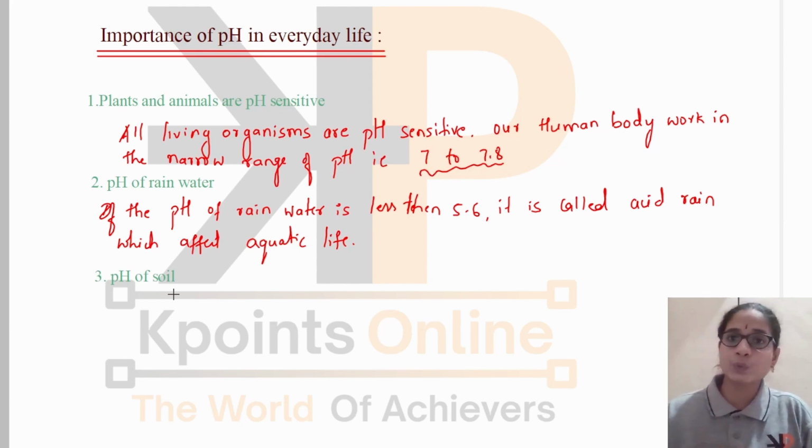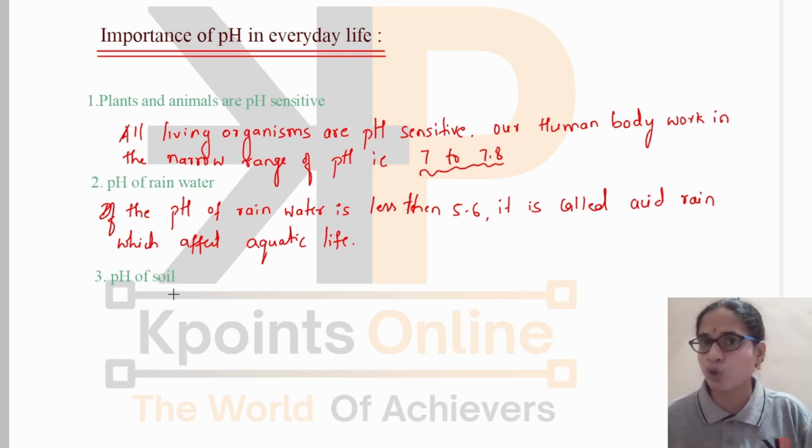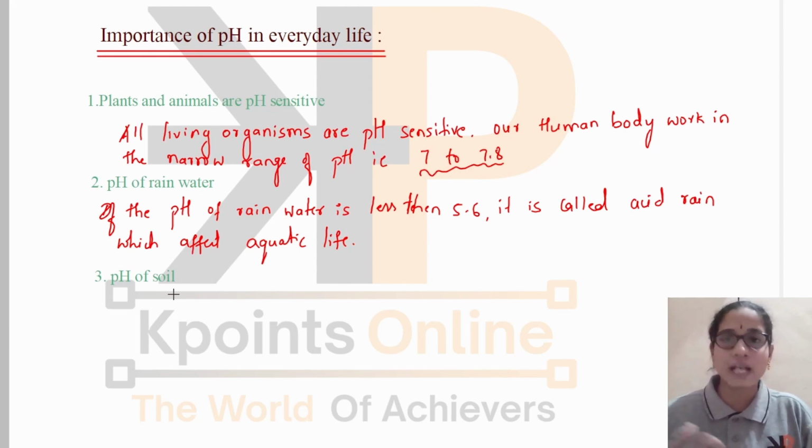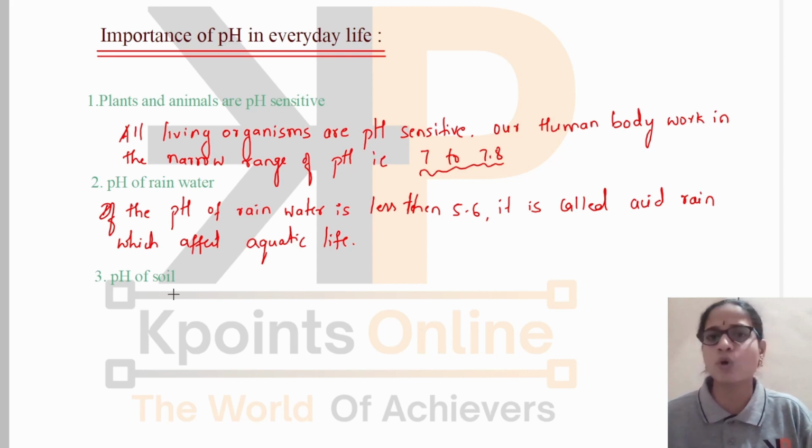So if I am growing some crops in my agricultural land, I need to send a sample of the soil to the agricultural office or laboratory, where its pH is found out. If the soil is found to be too acidic, more acidic than required, then I need to neutralize it by adding bases like calcium hydroxide or limestone.